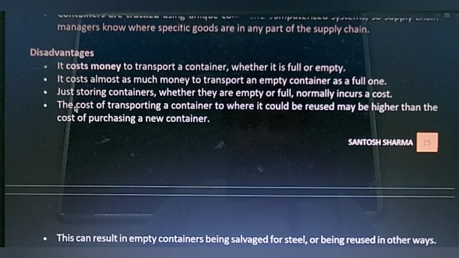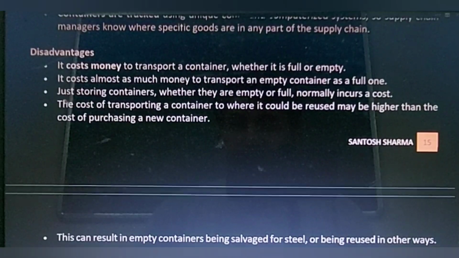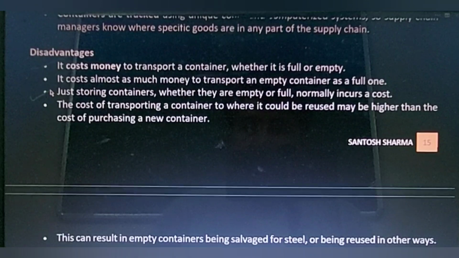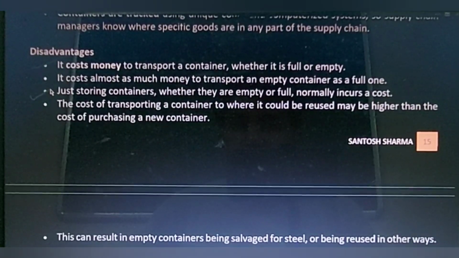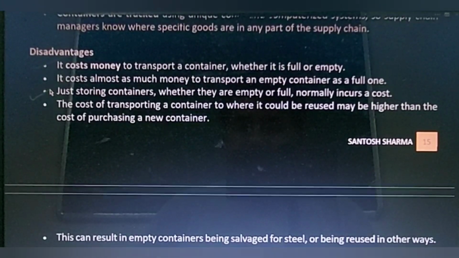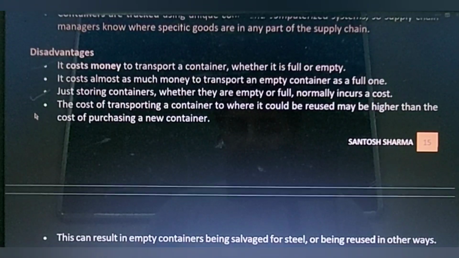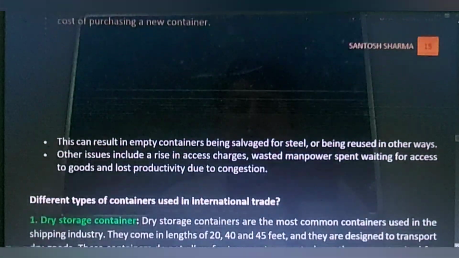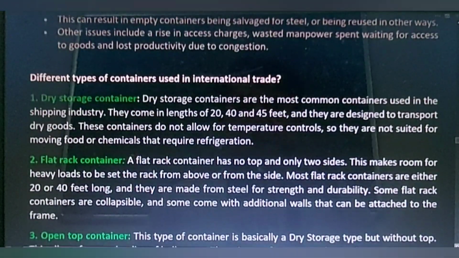Then storing a container is a huge challenge because they are very big, so storing them in godowns is a hugely challenging job. Then the cost of transporting a container is generally very, very high. So like that, there are different disadvantages.